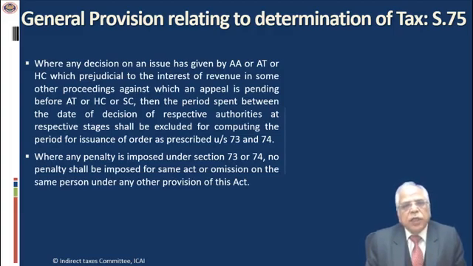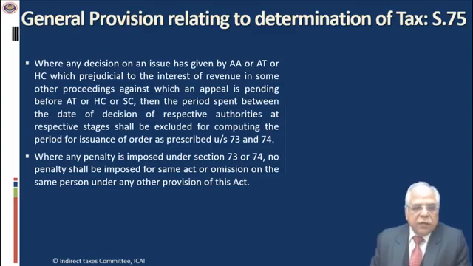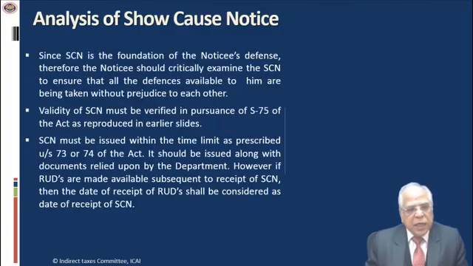So while computing the time limit of 3 to 5 years, if the matter has been suspended, that period of suspension will also be excluded while calculating the time limit of 3 years or 5 years. Where any penalty has been imposed under section 73 or section 74, then penalty cannot be imposed under any other provisions like 122, 129, etc.